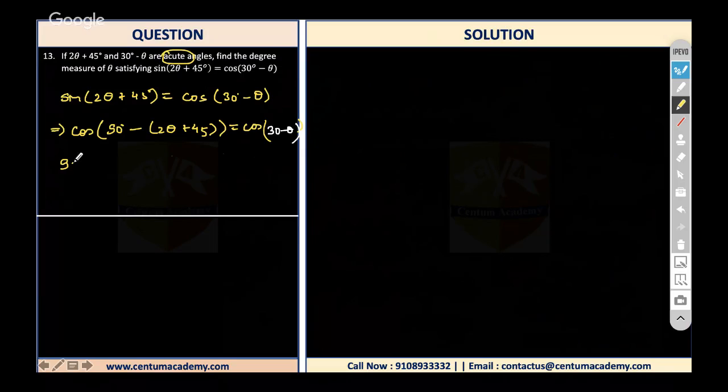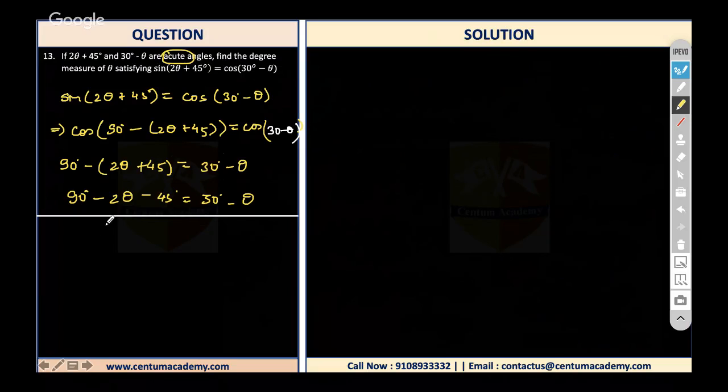So you can say 90 degrees minus (2 theta plus 45) is equal to 30 degrees minus theta. Okay, so now it is nothing but 90 degrees minus 2 theta minus 45 degrees is equal to 30 degrees minus theta. Now club all the theta together and all the angles together.